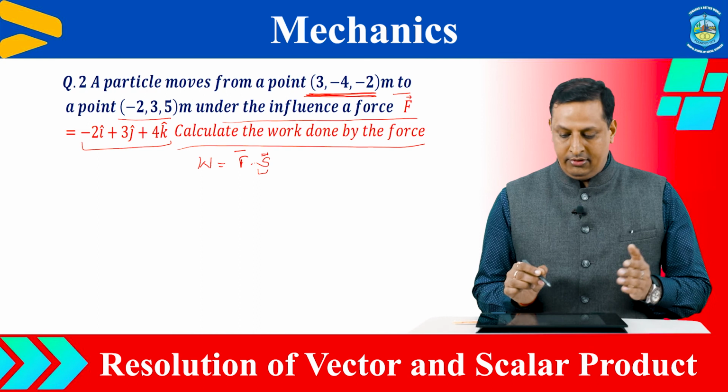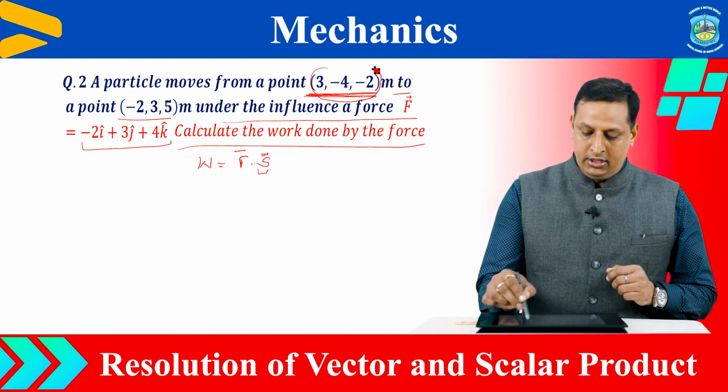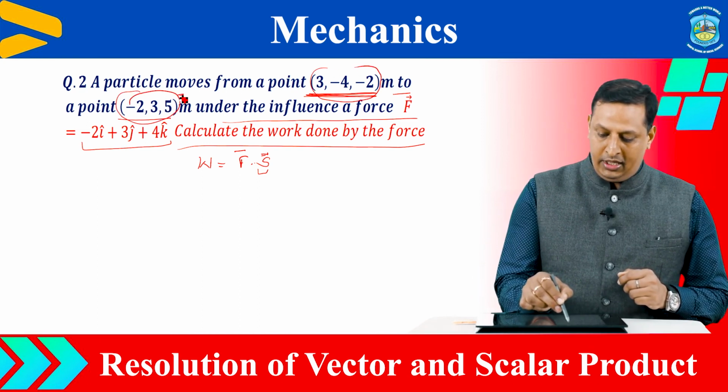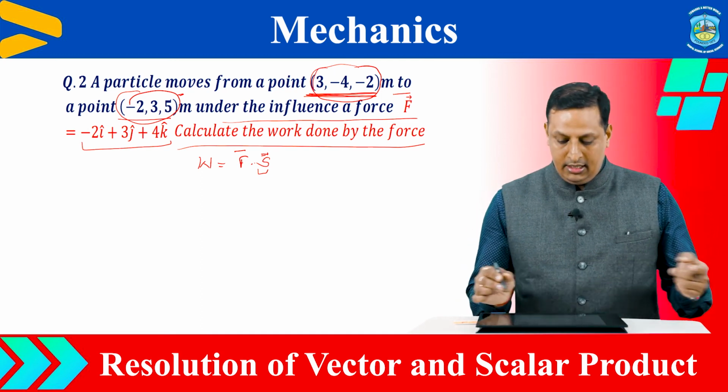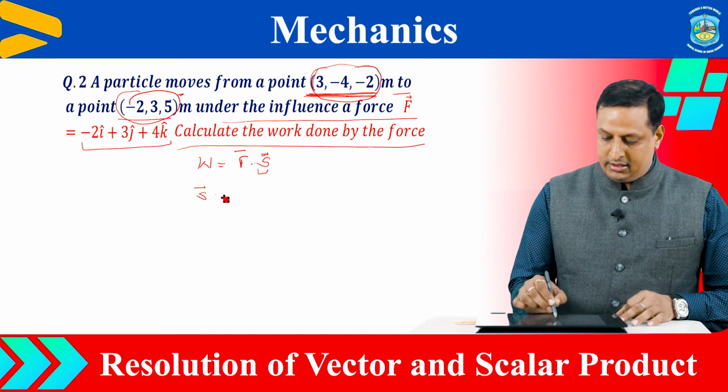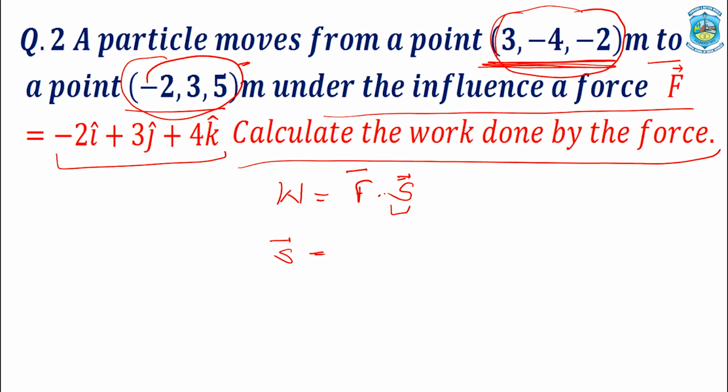As the given particle is moving from this point to this point, I'm calling it the final point and I'm calling it the initial point. So displacement will be S vector, that will be x2 minus x1, that means minus 2 minus 3 times i cap, plus y2 minus y1, that is 3 plus 4, j cap, then plus 5 plus 2, k cap.